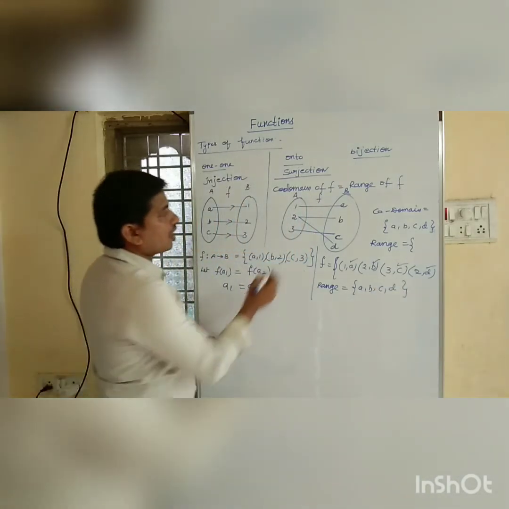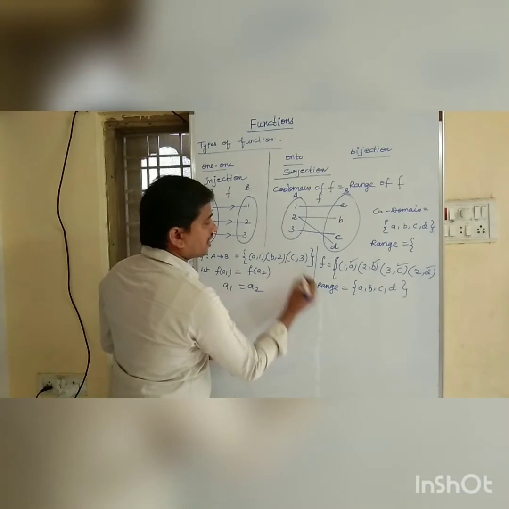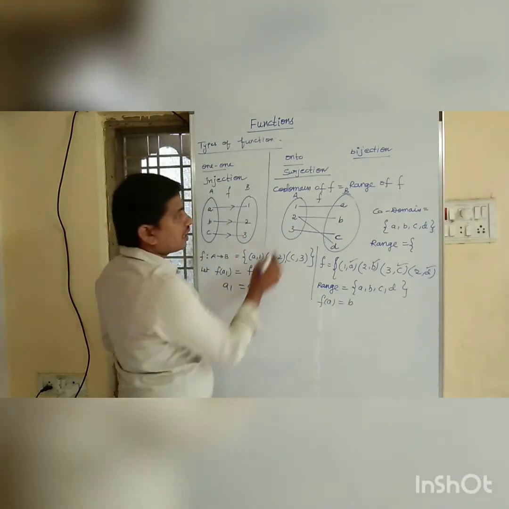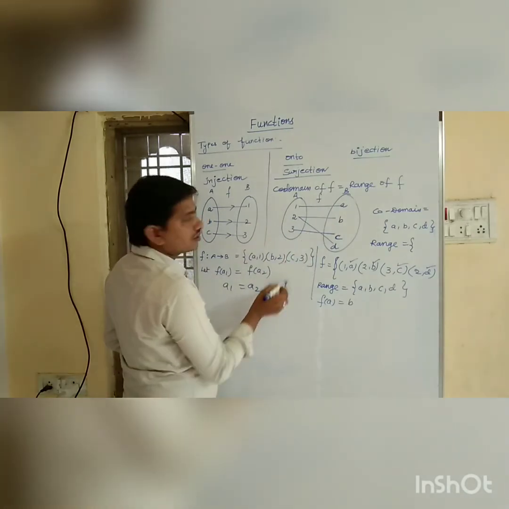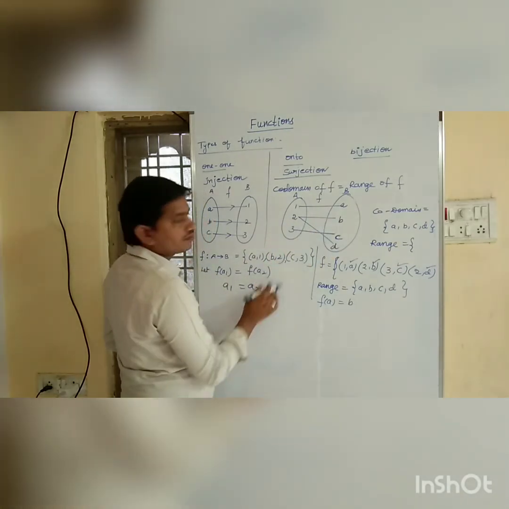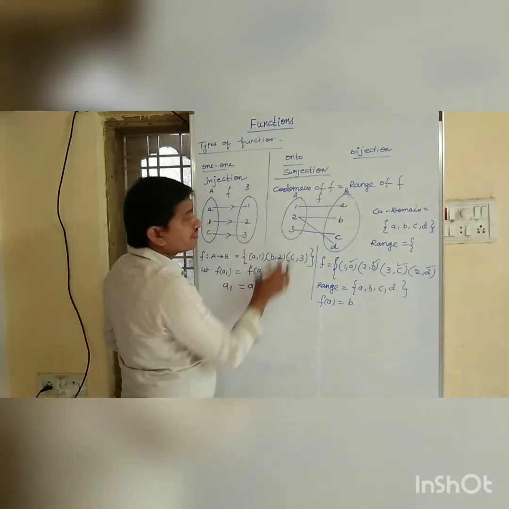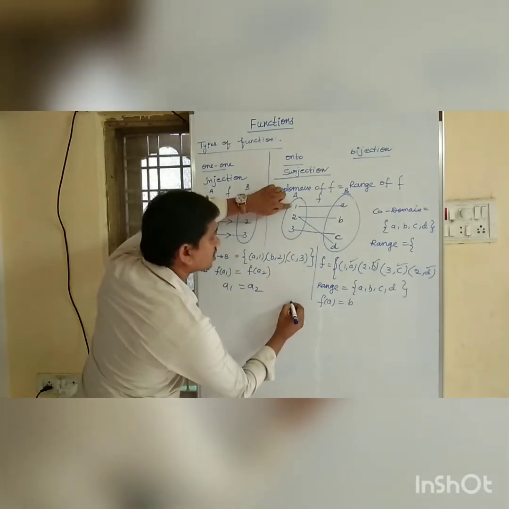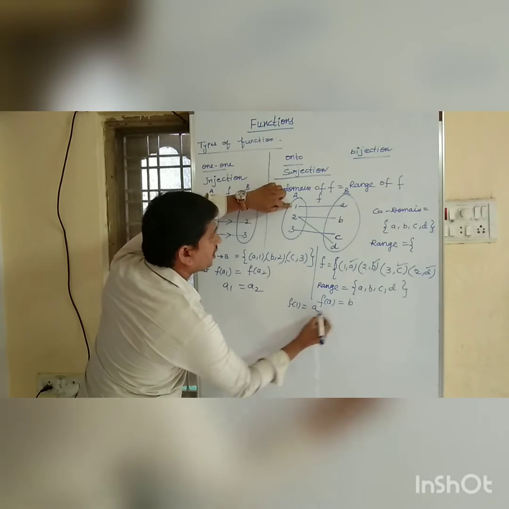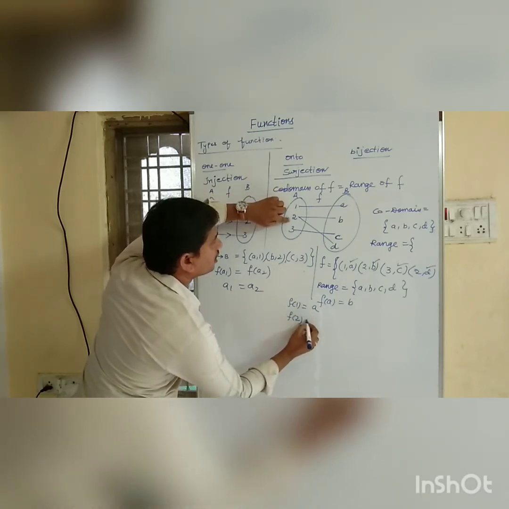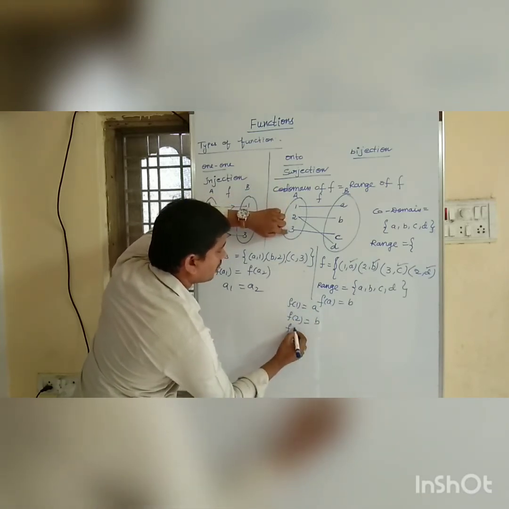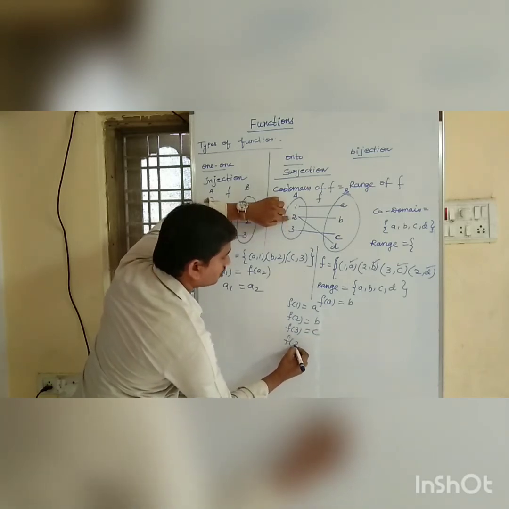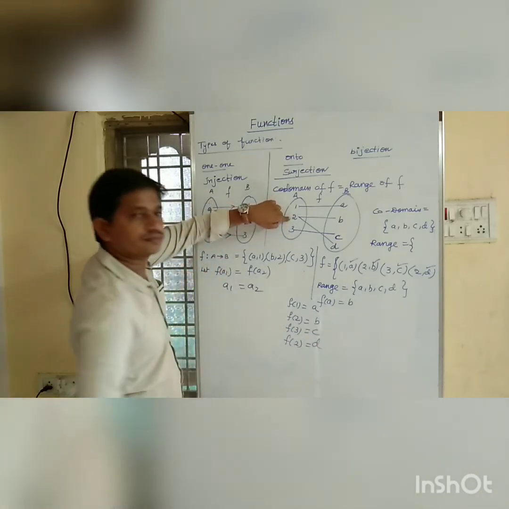Okay, how can we write here? Range is nothing but f of A. I mean, 1 is mapping with a, 2 is mapping with b, 3 is mapping with c, and 2 is mapping with d. I mean, here f of 1 is equal to a, f of 2 is equal to b, f of 3 is equal to c, and f of 2 which is also d.